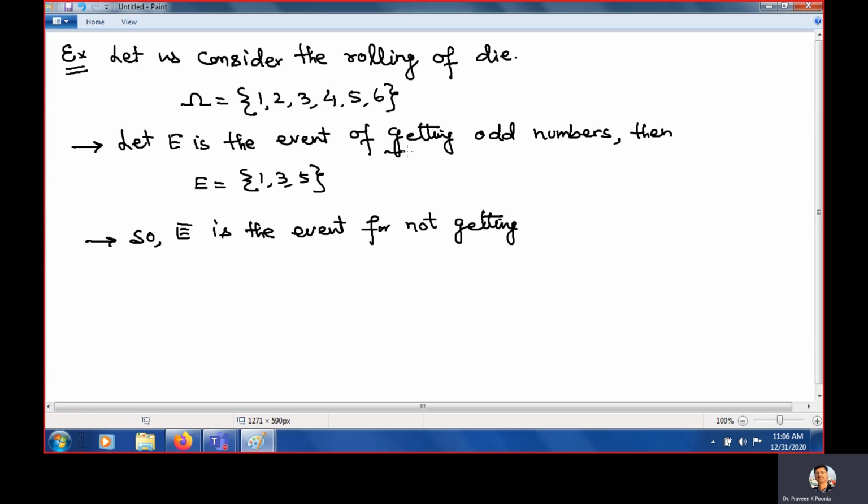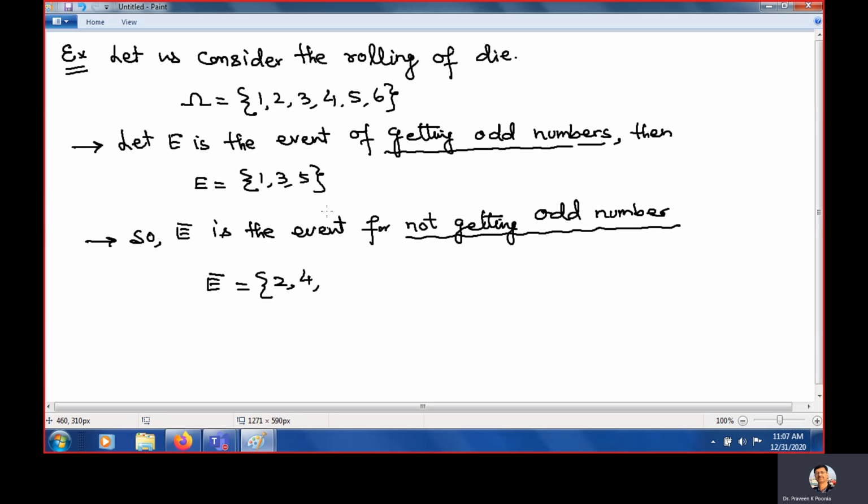Here it was getting odd numbers, so here it is not getting odd numbers. Clear? So what will be the value of E bar? It will be the remaining ones. Here 1 we have chosen, 2 we have not taken; 3 we have taken, 4 not taken; and 5 we have taken, 6 not taken.